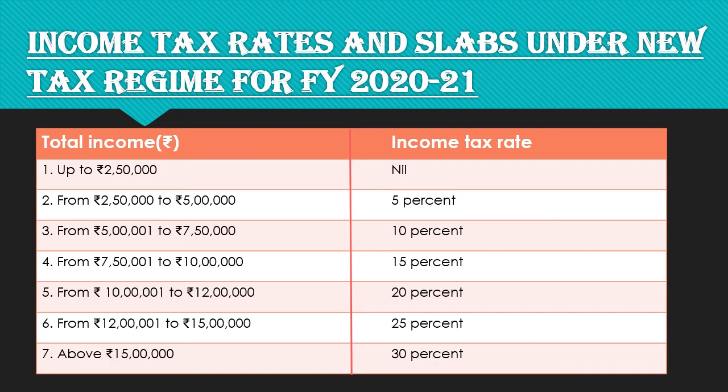And for the person who is earning from 2,50,000 to 5 lakh, he has to pay 5% on his income. The third slab is from 5 lakh 1 to 7 lakh 50,000. It's 10%. You can have a look at these points first. It will obviously increase your knowledge regarding the tax slabs which are followed in our country.